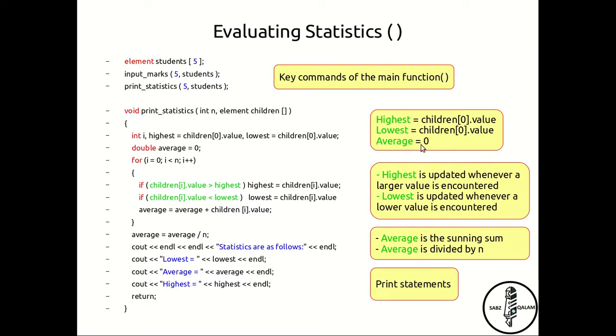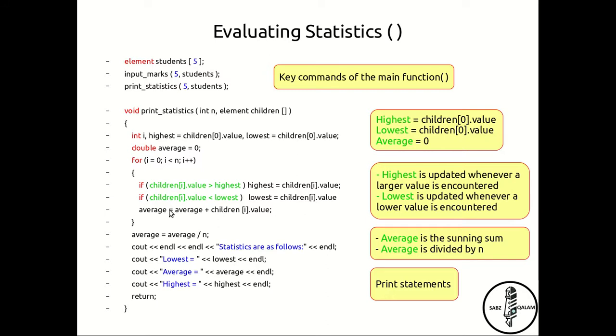The average, in fact, is the running sum. So here again, I start the loop. It starts from the 0th element all the way till n-1, and whenever I find a value larger than the highest value, I update the highest value. Whenever I find a value lower than the lowest value, I update the lowest value. As far as the average is concerned, it's just the running sum.